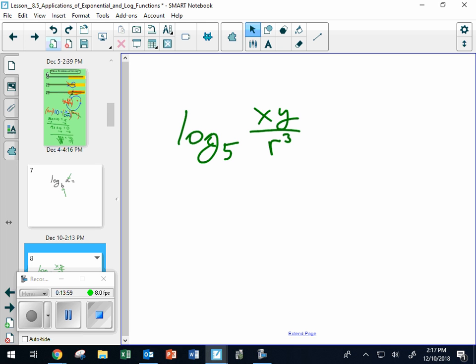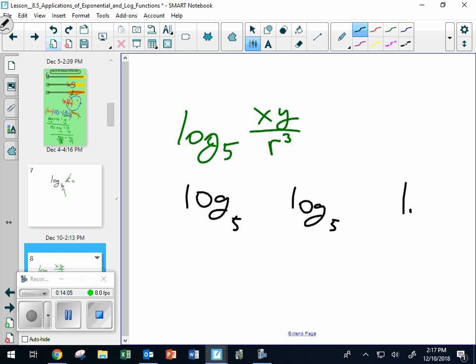Okay, hint. Log base 5, and then there's another log base 5, and there's another log base 5. I can spread it out, okay? Do you get that the multiplies become adds? Are you with me so far?